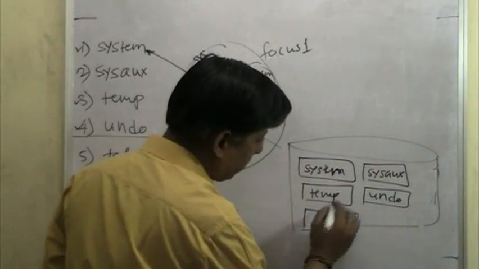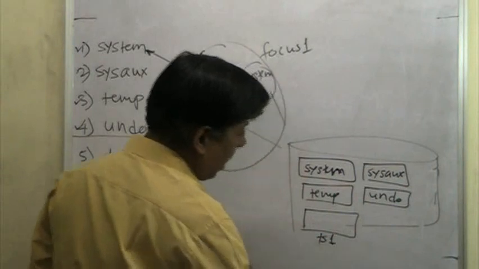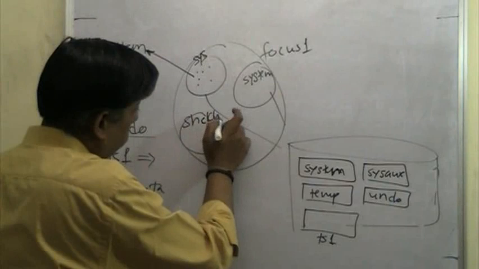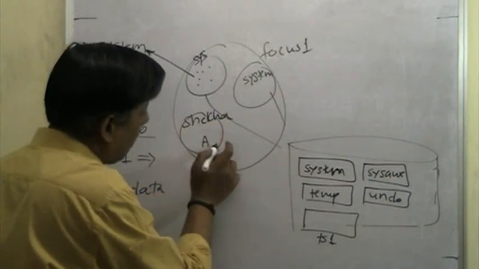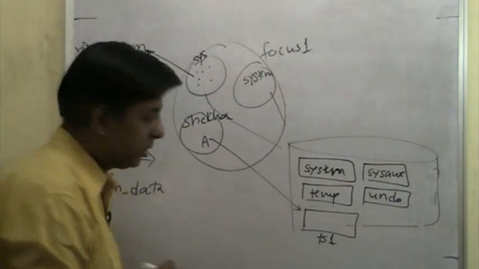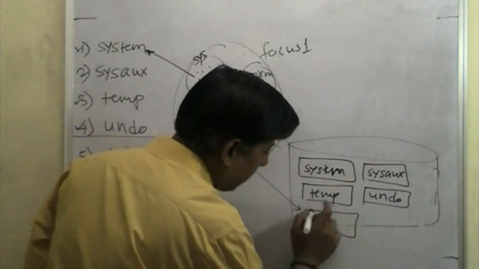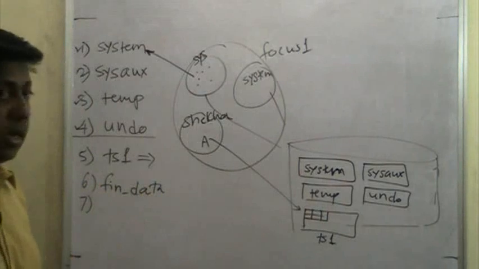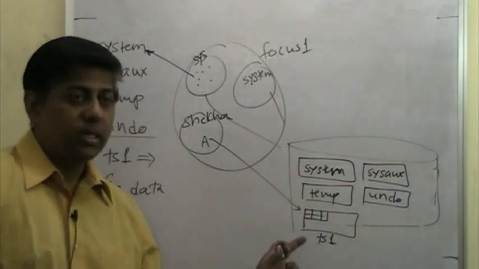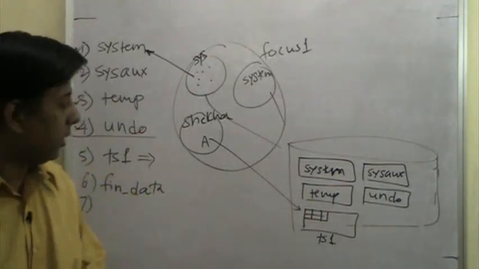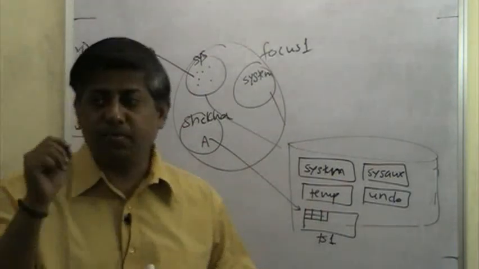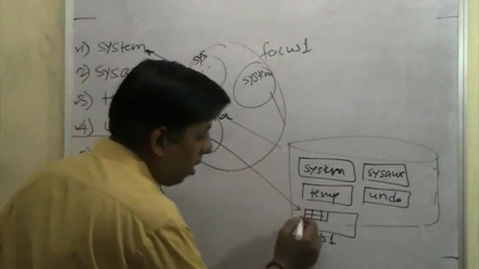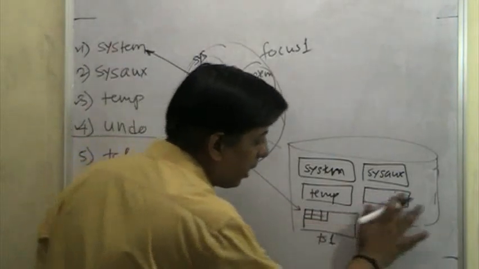The name of that table space is just called TS1, and in that table space there is a user called Shaker, and he has created a table A which is sitting in that TS1 table space. Obviously there is one extent for this, and there are multiple blocks in there. The data is there in those blocks. Now user Shaker comes in and he says that I want to delete all the data from this table. So he fires a command delete from A and a semicolon. When he fires delete from A, what happens? All this data which is there in A will come and sit in undo.